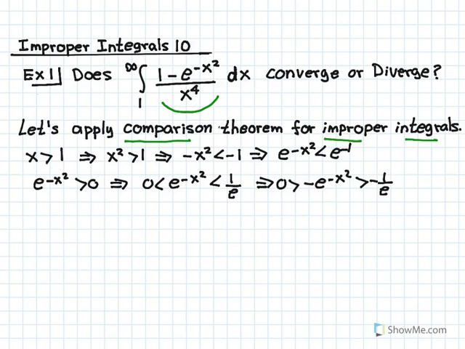Now let's add 1 to everything. So we get 1 larger than 1 minus e to the negative x squared, larger than 1 minus 1 over e.